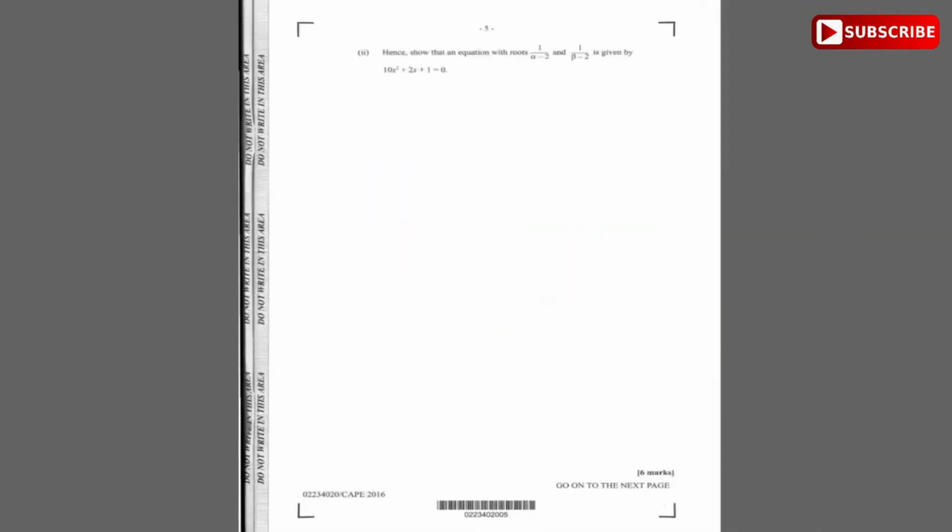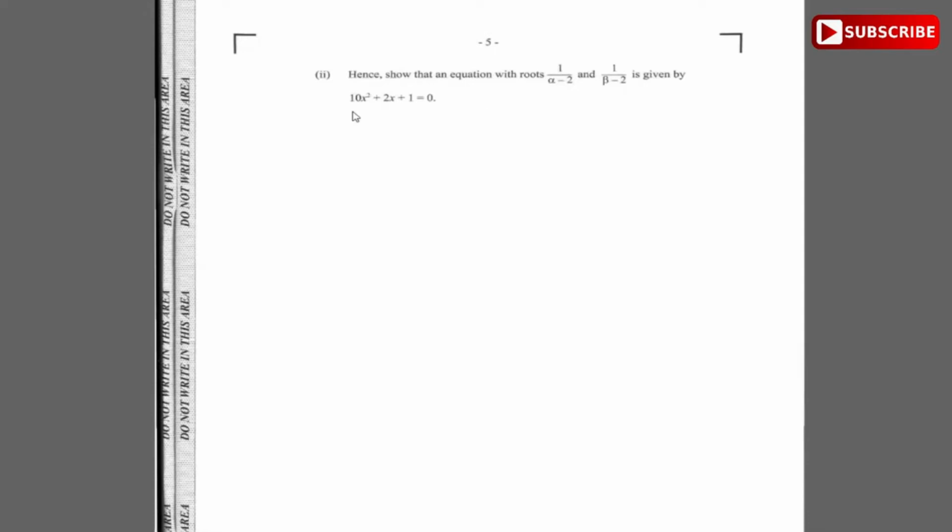The next part of the question says, hence, show that the equation with roots 1 over alpha minus 2 and 1 over beta minus 2 is given by this. Now, one thing we do know is that the equation of a quadratic is given by x squared minus the sum of the roots times x plus the product of the roots, equal to 0.